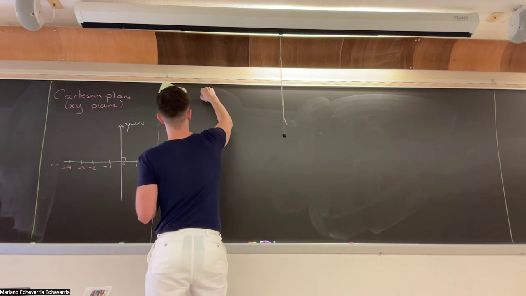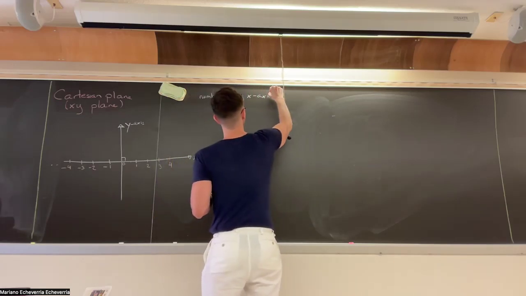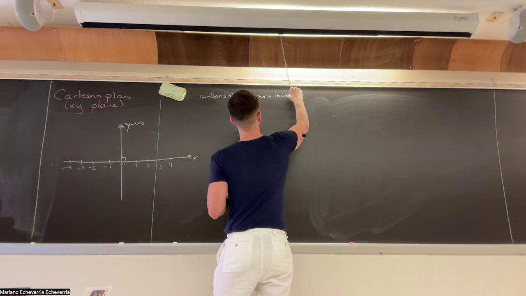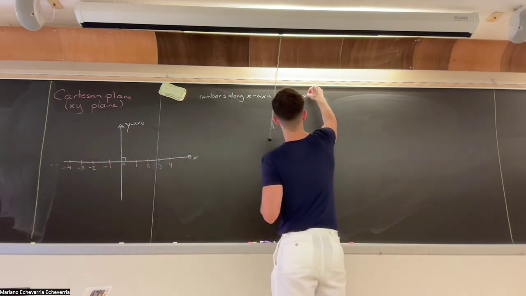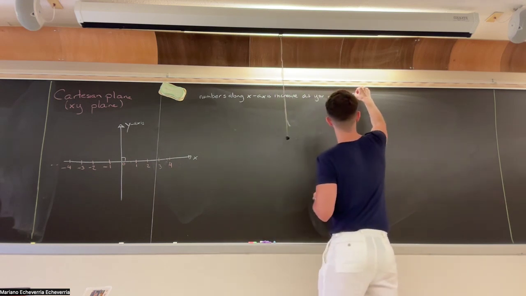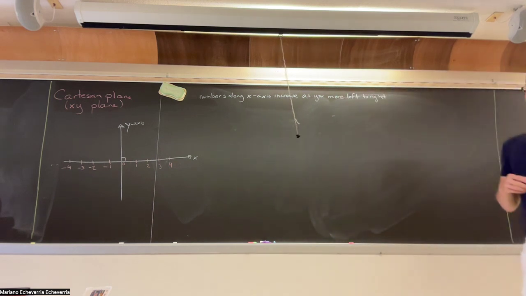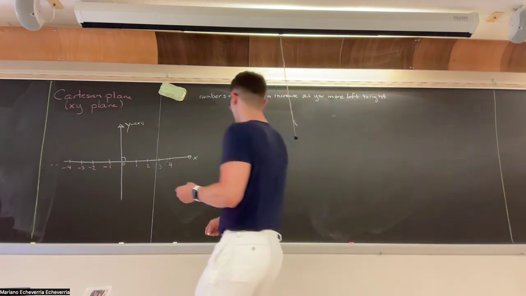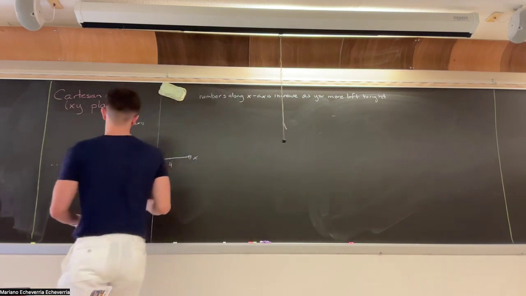So the numbers on the x-axis increase as you move from left to right. And for the vertical line, the y-axis, the numbers increase from south to north, or down to up.